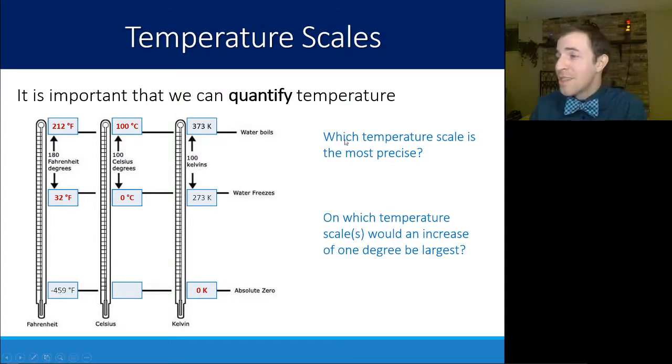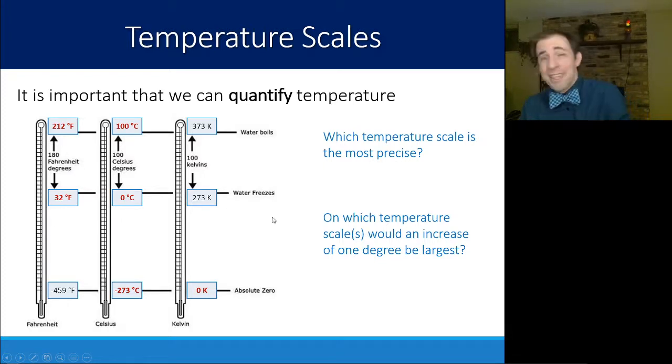And Kelvin is just an offset of Celsius. Notice here that there are 100 Kelvin in between water freezing and water boiling, just like Celsius. But water freezes at 273 Kelvin, which means that absolute zero in Celsius is negative 273. This is going to become important for us later on, but you should be able to relate these two.